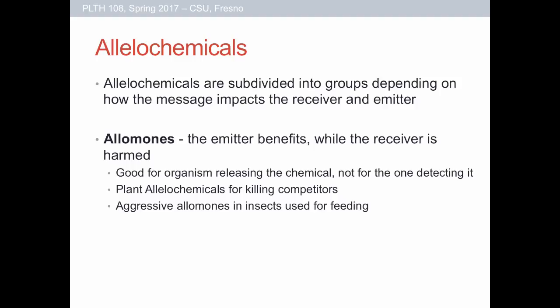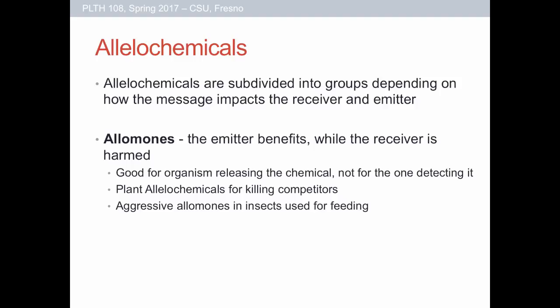So the first of these categories are what we call allomones. Allomones are any chemical that's released where the emitter benefits, but the receiver is harmed somehow in the process of detecting this chemical. So essentially, good for the organism that releases it, bad for the one that detects it. An example of this would be plant allelochemicals, where a plant releases chemicals through its roots that will disrupt the growth of its neighbors.